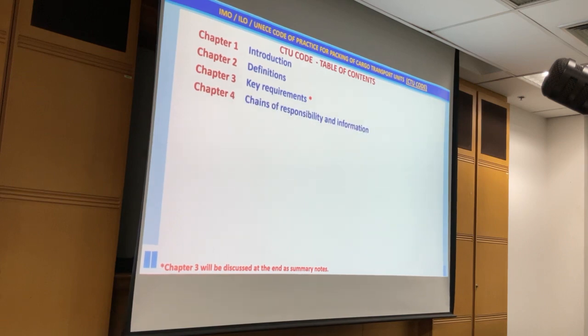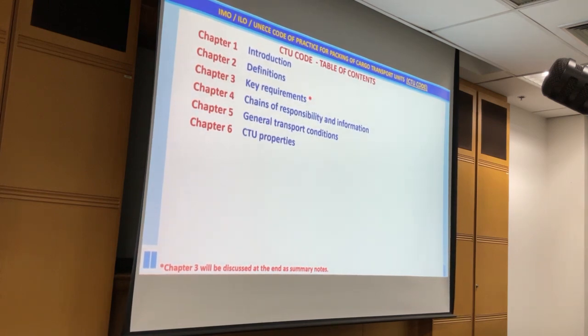Quickly, we can see the table of contents, 13 chapters, you know. I will tell you how I interpret the sequence of chapters. You see, it introduces, gives the definitions, key requirements. I will just present them at the end as the summary.